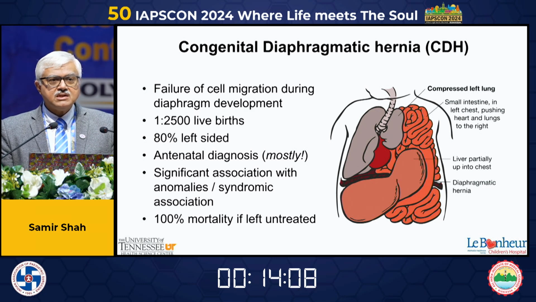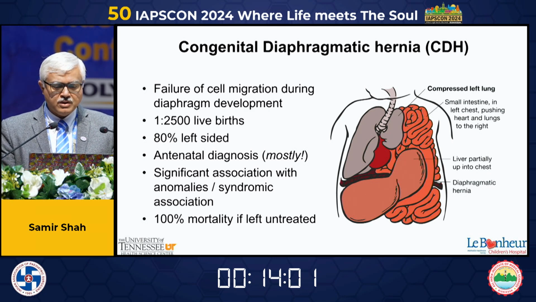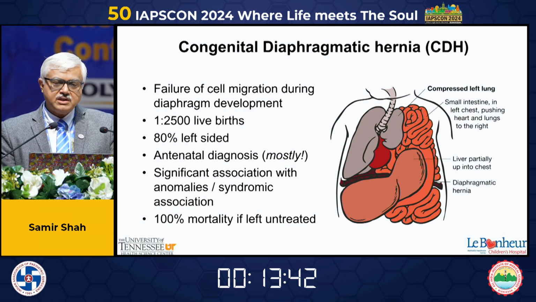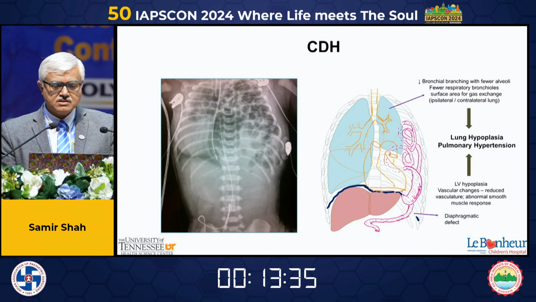It is a surgical disease which has 100% mortality if it is left unoperated, and that is pretty well known. As you can see on your right side, the diagram shows the compressed left lung, a small intestine, and a very small amount of intrathoracic space as such. The liver is actually herniated up into the chest, which, as most of you know, is a bad sign and a sign of poor outcome in some of these patients.